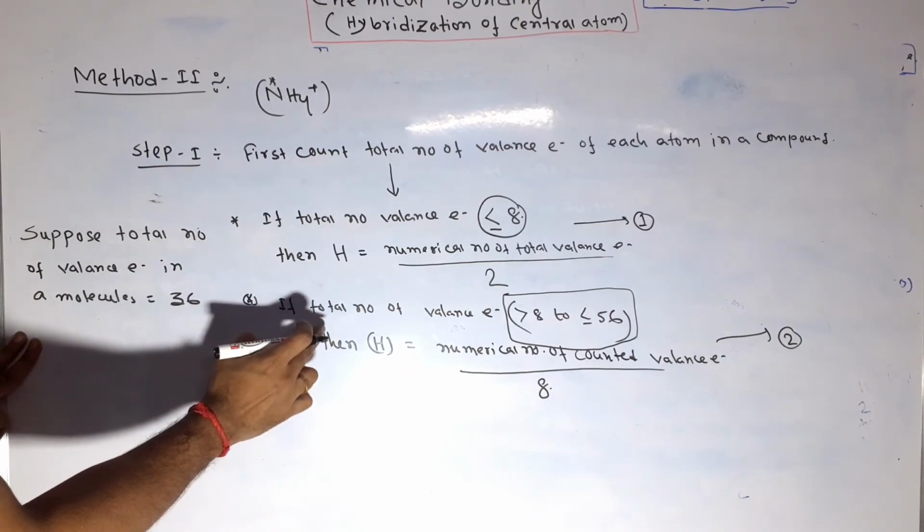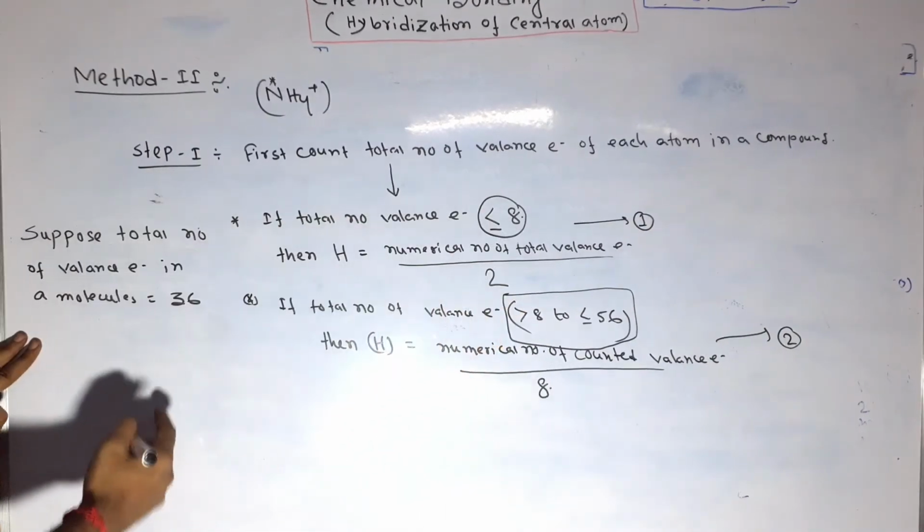It is the second rule: the total number of valence electrons is greater than 8 and less than or equal to 56.